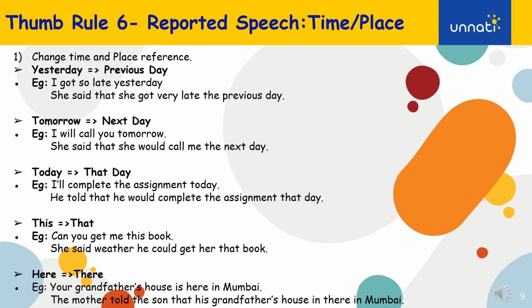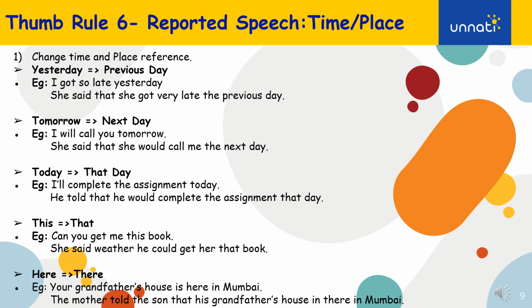Oh, last but not the least, thumb rule number 6. Very important. Change of time and place in reported speech. Now, time and place inevitably changes in reported speech when you convert from direct speech. Yesterday would become previous day, tomorrow would become next day. Let us look at the examples.